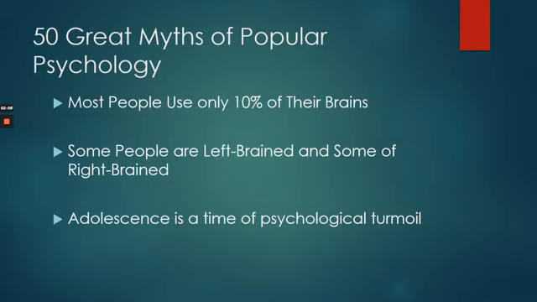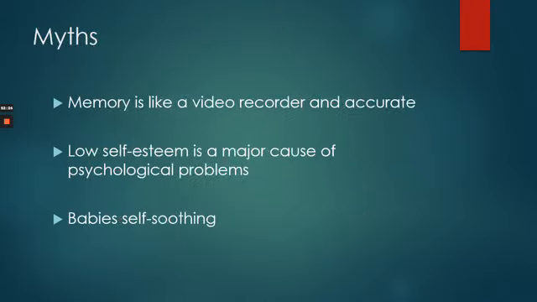That's not really true. Adolescence is a time of psychological turmoil. No, it's not. You look at the evidence, it's not. This is actually a very cultural belief. If you go to Asia, for example, not many Asian cultures believe this. Memory is like a video recorder and accurate. No, it's not.